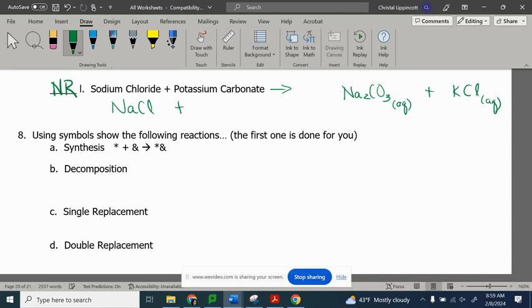I just went right to the products because I was being lazy. Okay. And yeah, this isn't balanced. If you wanted to balance it, we'd have to put a 2 here and a 2 here. That would get it balanced. But it's a no reaction, so it doesn't matter. If there's no reaction, you don't have to balance. Nothing's changing.